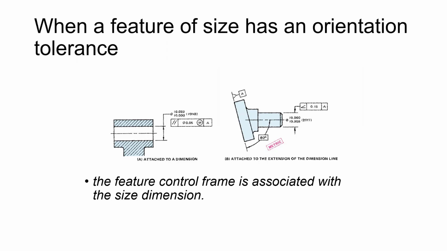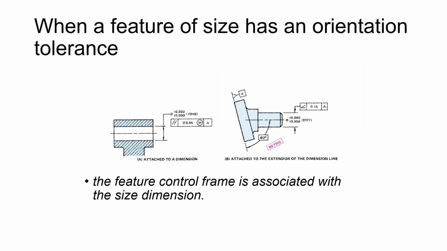Yes, that would make that part weigh the most, right? So the lower limit of the hole is maximum material when it comes to holes. And that is parallel with datum A. Now we can't see datum A. It's a different part altogether from what you're seeing on the right. We can't see datum A in this example, which is a shame, but that is how you could apply a tolerance to a hole. You can hang that feature control frame right underneath that dimension, and that's applying it to that hole.